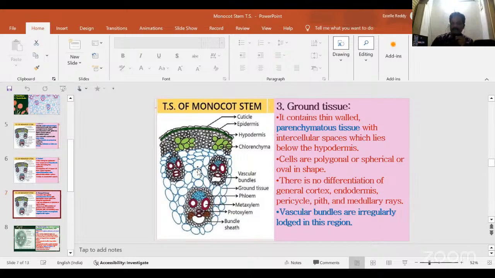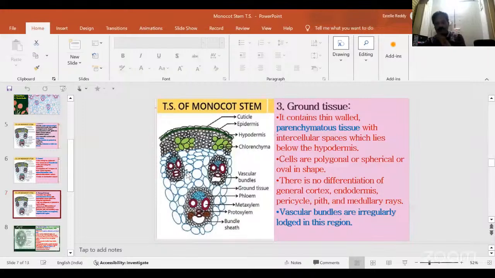In monocot stem, no general cortex, no endodermis. It is restricted to sclerenchymatous hypodermis, not like dicot stem. The stele here is atactostele. Here you can see the number of vascular bundles is numerous.